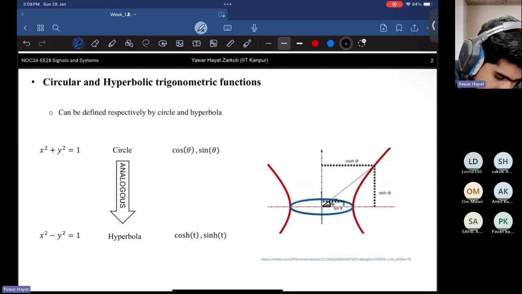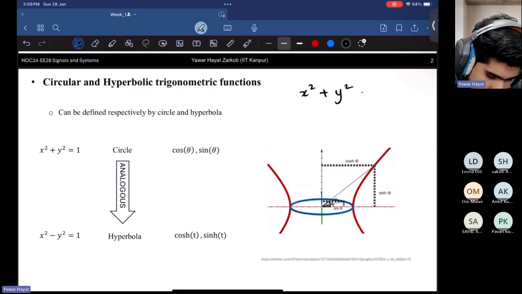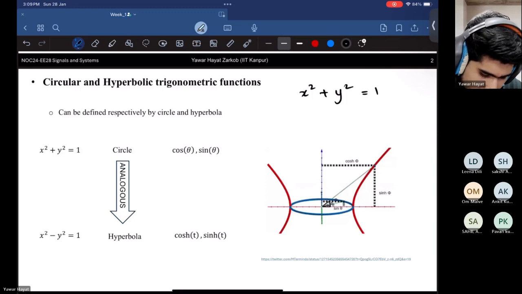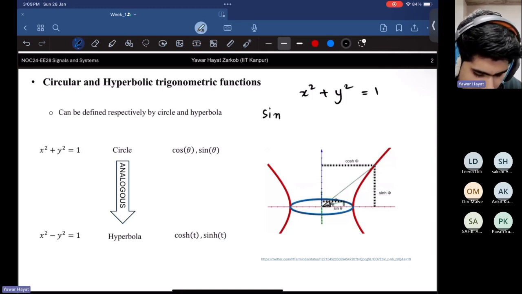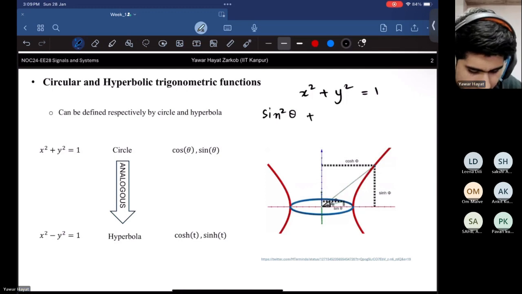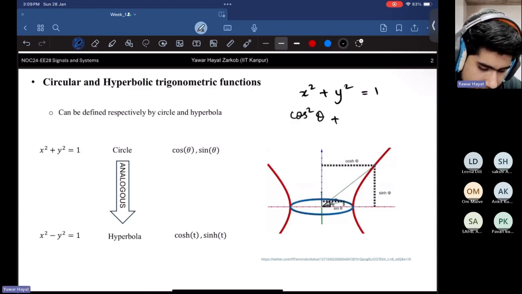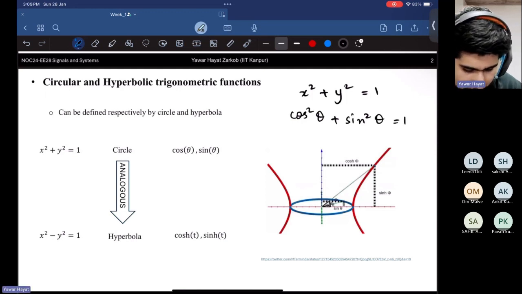The equation for the circle is x square plus y square equals 1, right? And we all know the basic trigonometric identity, sine square theta plus cos square theta is 1, right?